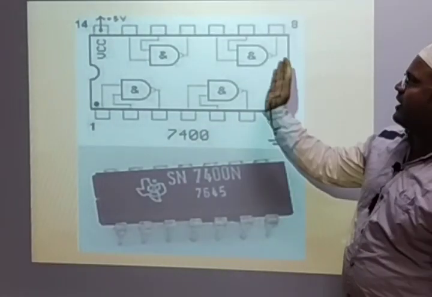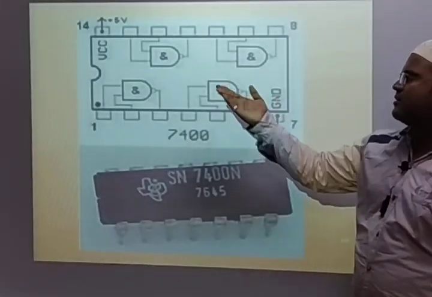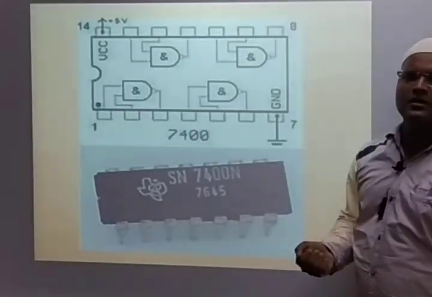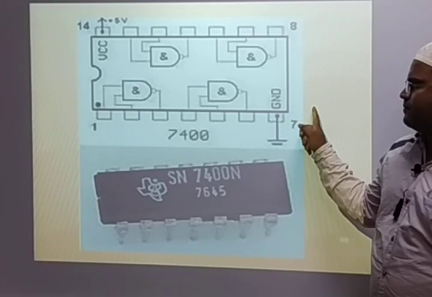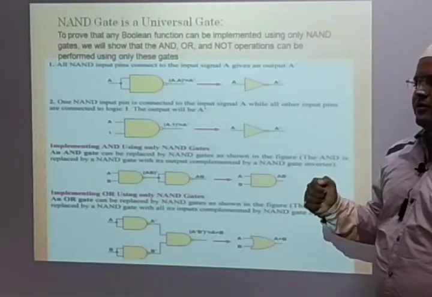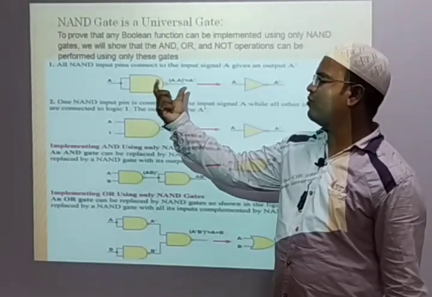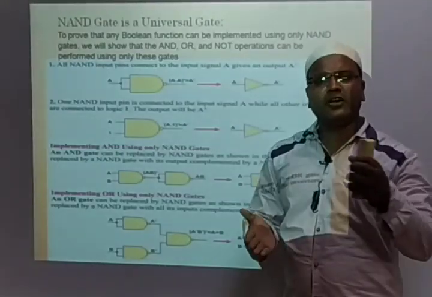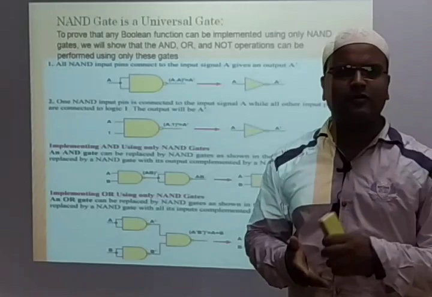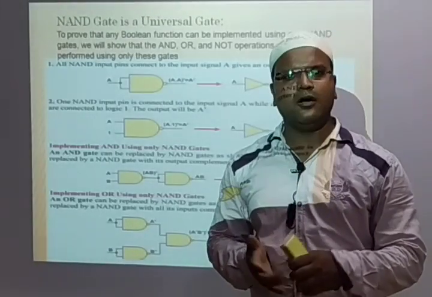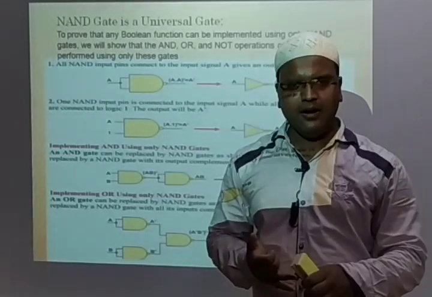Next, these are the gates. Where are we actually using these gates? We are using them for specific functions. This is our timing sequence with 7400, and for that purpose this is useful. The important thing here is how we take the NAND gate and its equivalent functions. There are three types of basic gates: NOT, AND, OR.